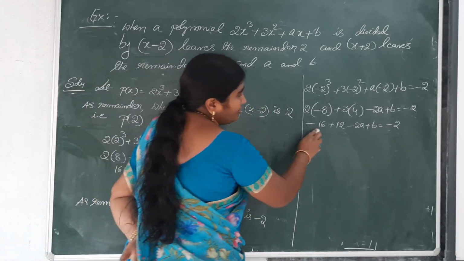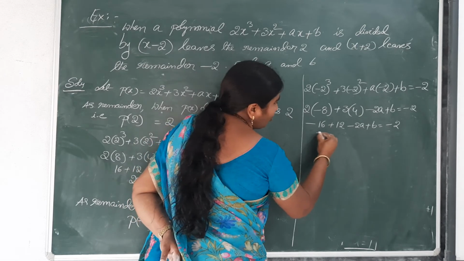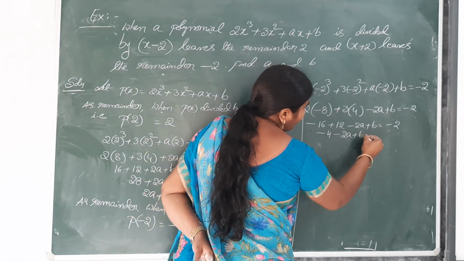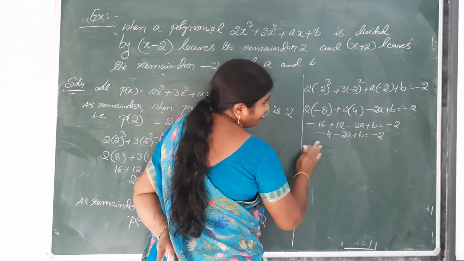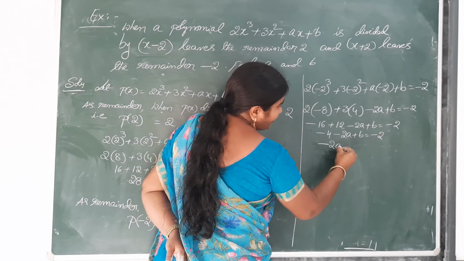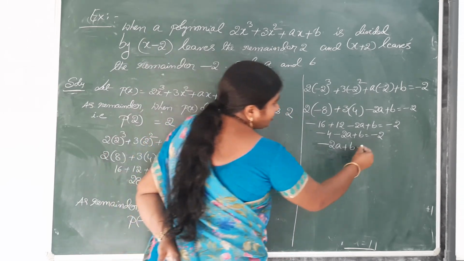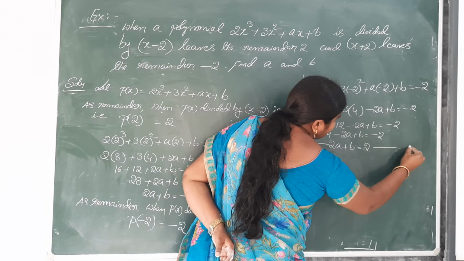Minus 16 plus 12 is minus 4, so minus 2a plus b equals minus 2 plus 4, that equals 2. This is equation 2.